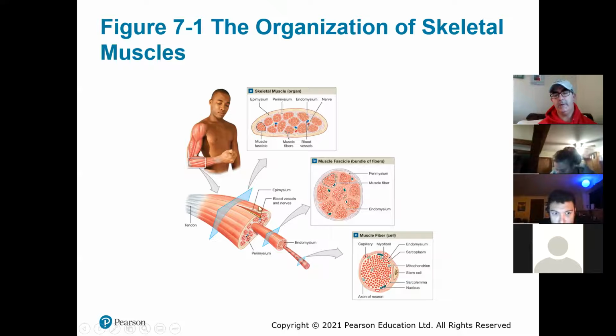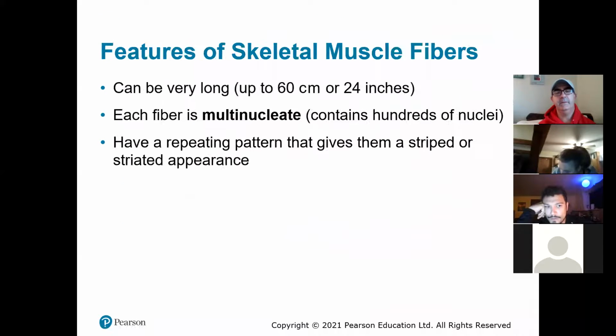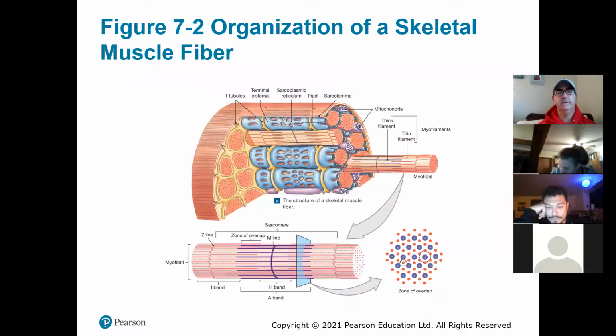So what we call a whole muscle is a bundle of fascicles, and each fascicle is a bundle of muscle cells. When you look inside each muscle cell, there are smaller things in there. Each muscle cell is a bundle of what are called myofibrils. I'm going to skip to this to show you that.